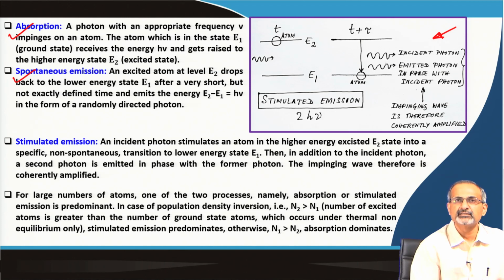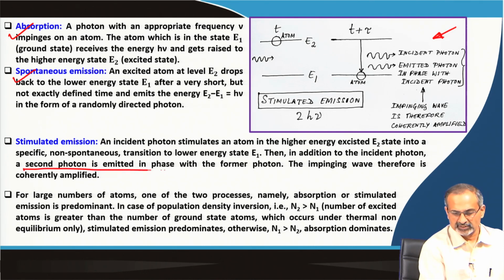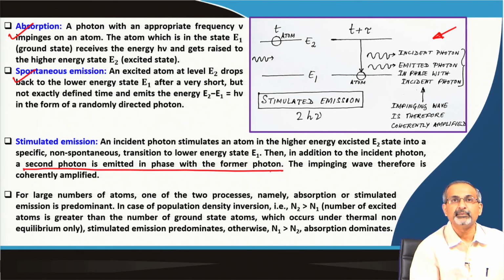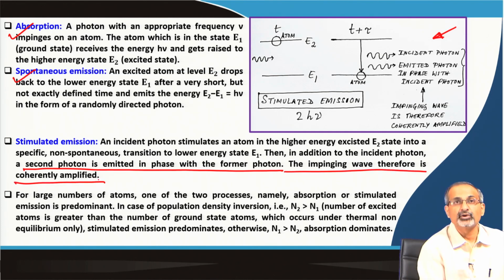And then, in addition to the incident photon, a second photon is emitted in phase with the former photon. Therefore, the impinging wave gets coherently amplified. So, this is basically the principle behind amplification of the incident wave, which is achieved through a laser.